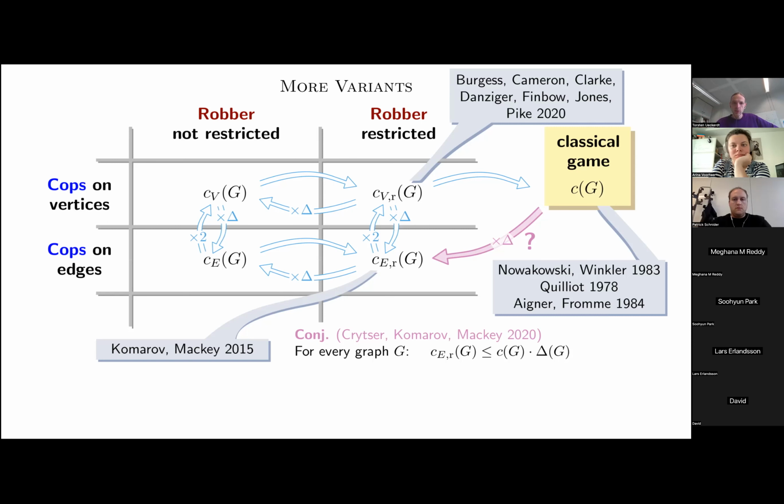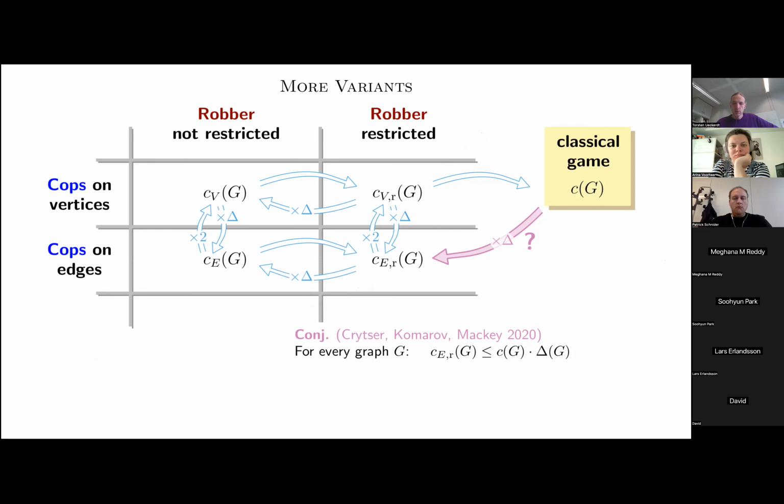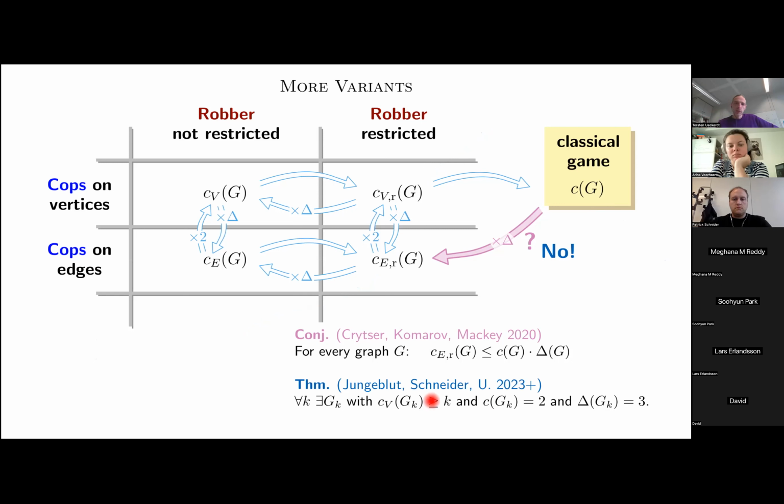So our result, together with Paul and Samuel, is that the answer is no. We prove that for all k, there's a graph G_k whose surrounding cop number is at least k, whose classical cop number is just 2, and whose max degree is just 3. So it's not only that it's false, but you cannot bound it by any function of delta and the classical cop number.